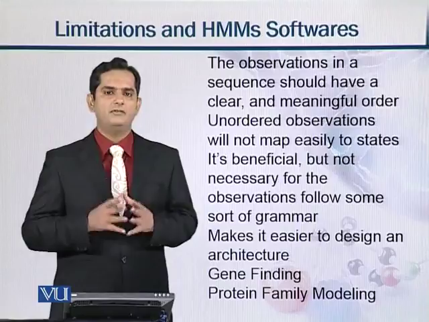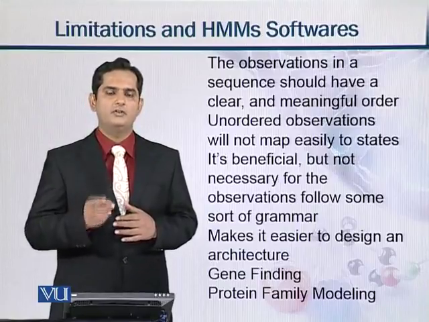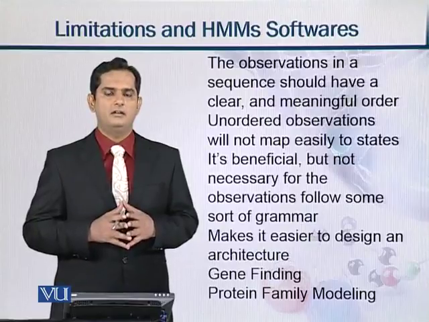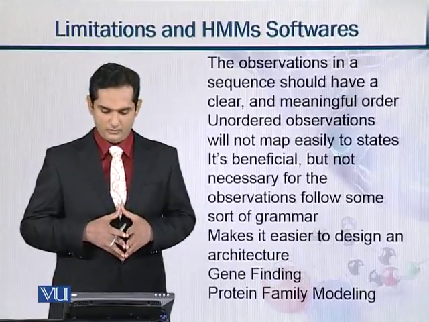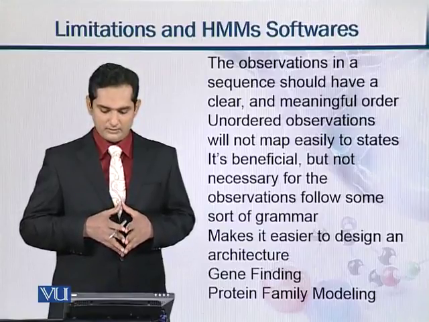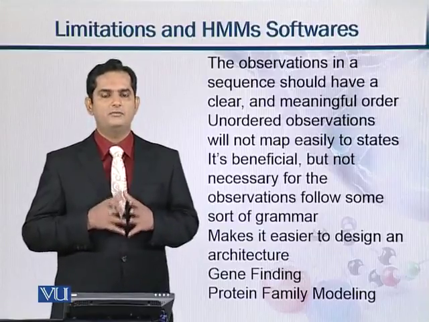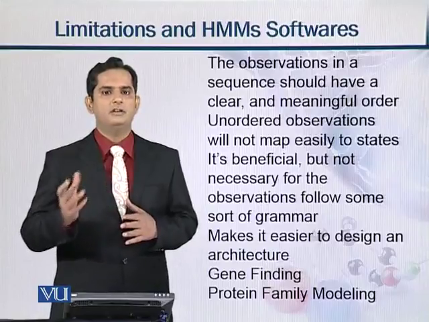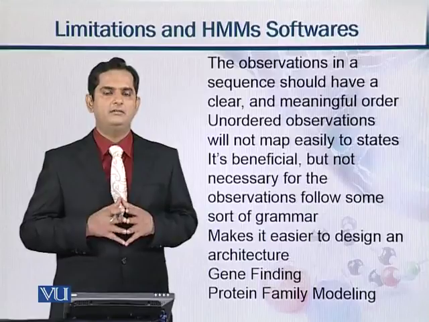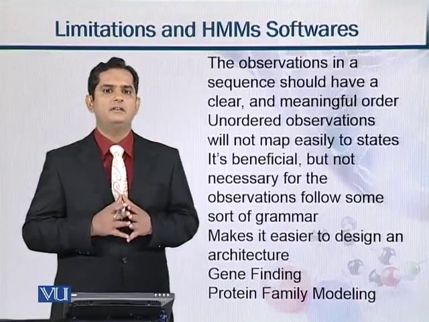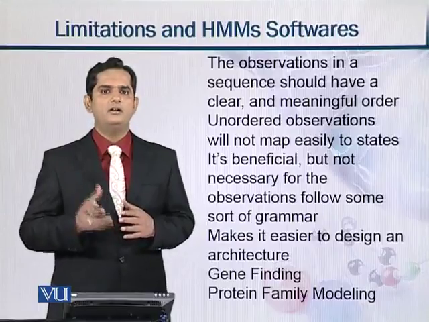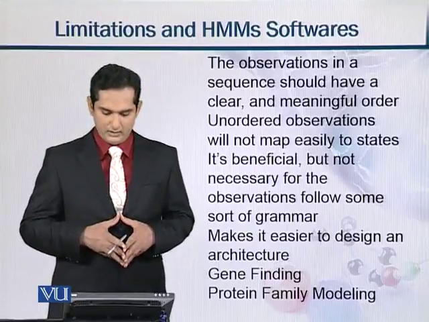It means that whenever we are putting observations in for training an HMM, they should be in some specific order instead of unordered. Again, it is beneficial, but it is not necessary that observations follow some grammar or set of rules. But as a guideline, we always say that there should be specific guidelines on which observations should be put in training for a hidden Markov model.